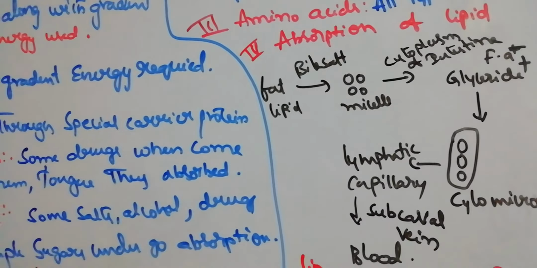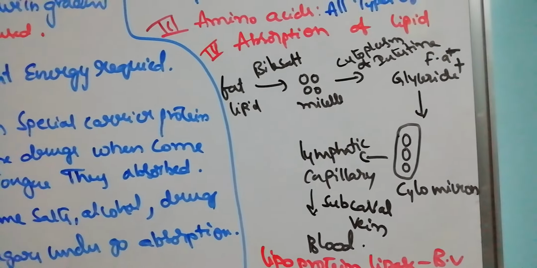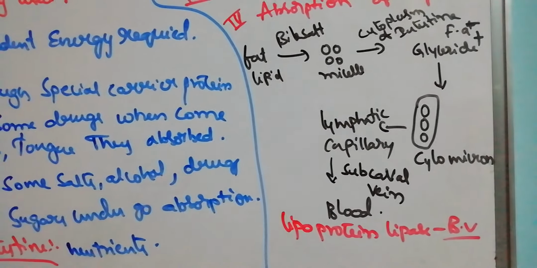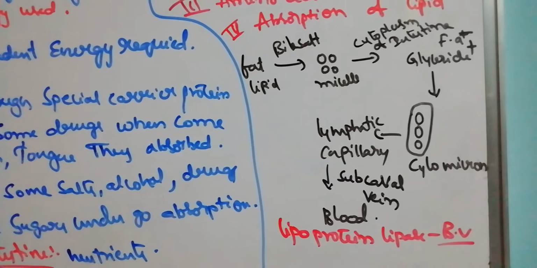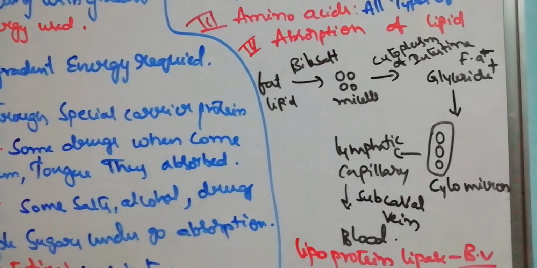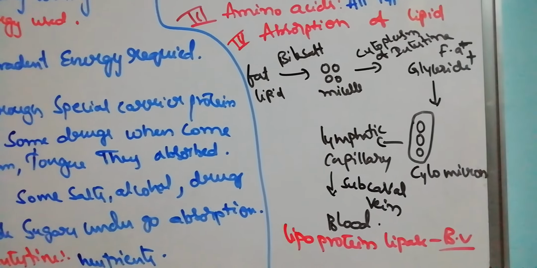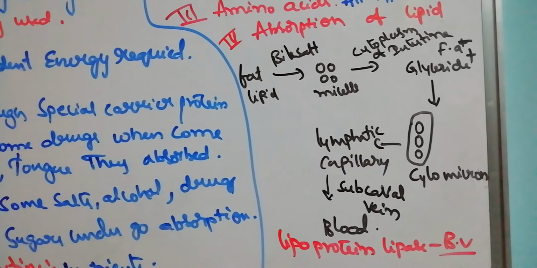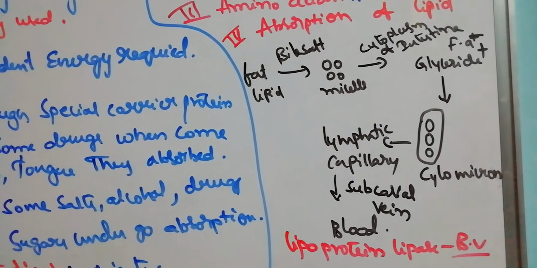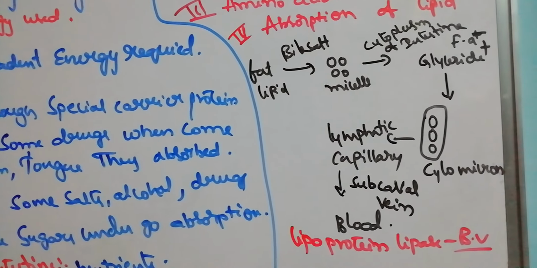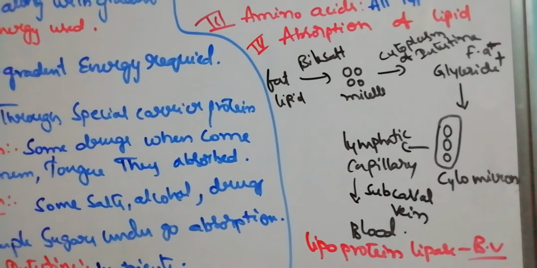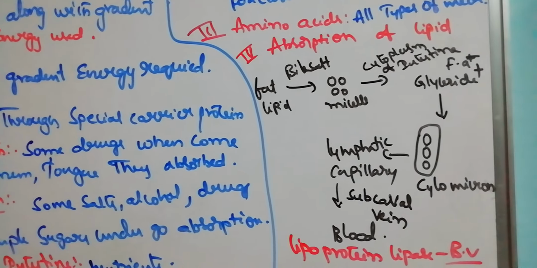In chylomicrons, they are present combined; here they will be separated, and the fatty acids are synthesized into cholesterol in the liver. So fats are absorbed through the lacteal, enter the blood, and reach the liver. There they undergo cholesterol synthesis. So the synthesis of cholesterol takes place in the liver. This is the absorption of fats.